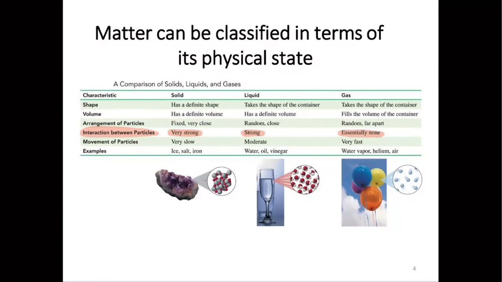The strongest attractive forces are going to be in solids, then the liquids are going to be less strong, and then the gases are the ones that are essentially none, so they're going to have the least attractive forces overall between all the different states of matter. Any questions about attractive forces and states of matter?